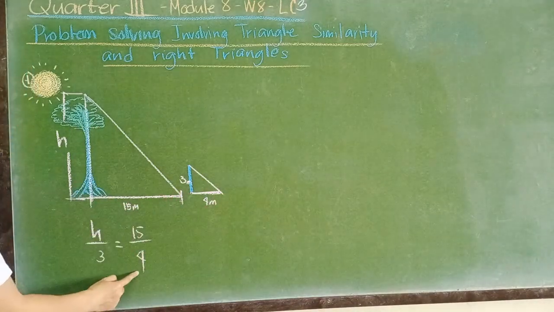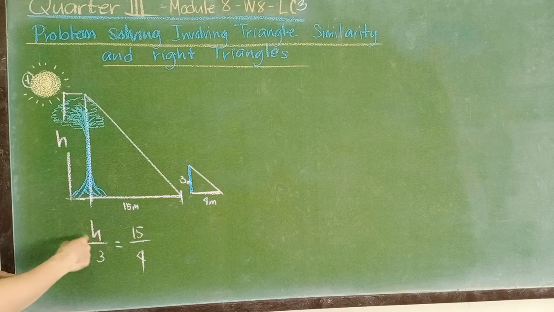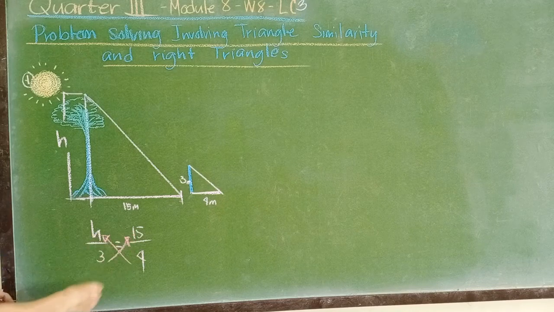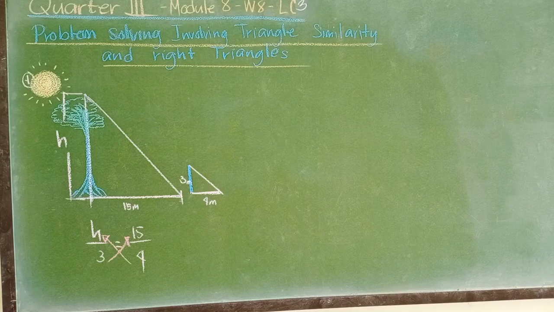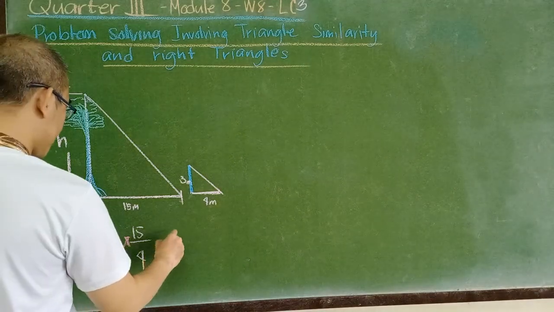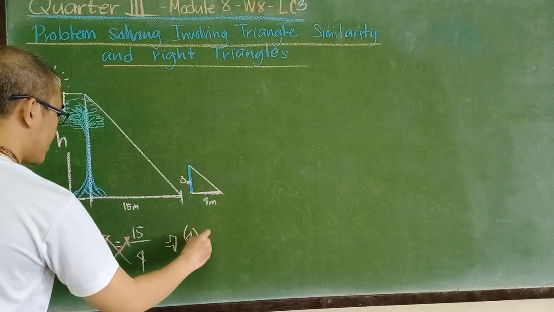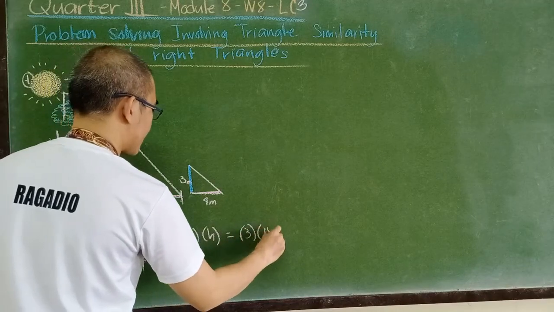So you have h/3 = 15/4. And then of course, based on what we studied before, to find the unknown in a proportion, you cross multiply. So 4 times h, and 3 times 15.